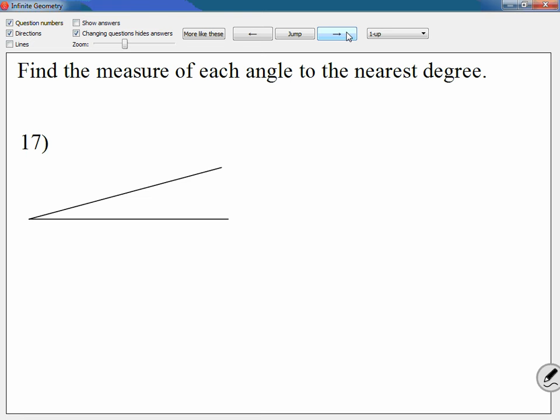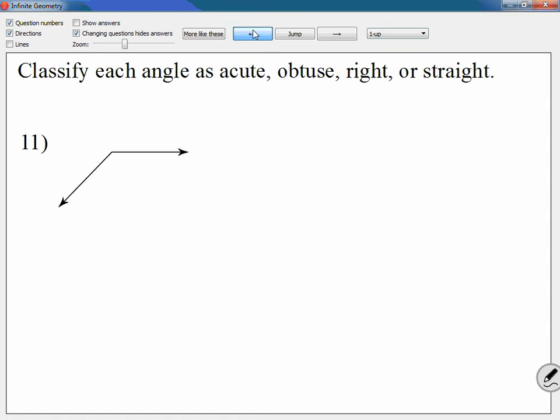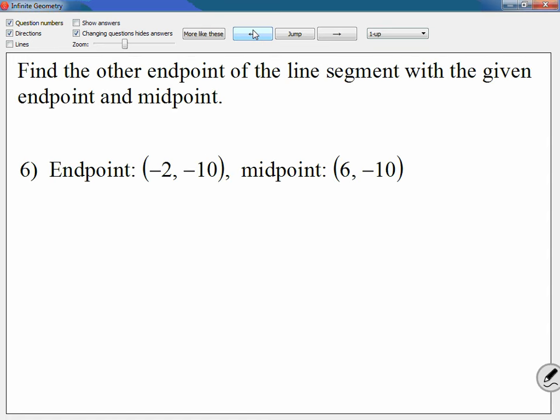Number 5? I think we did number 5 together, so let me take a look at 6. For number 6, given an endpoint and a midpoint, first of all, find out your rule. What I mean by rule is, what do you do to negative 2 to make it 6?